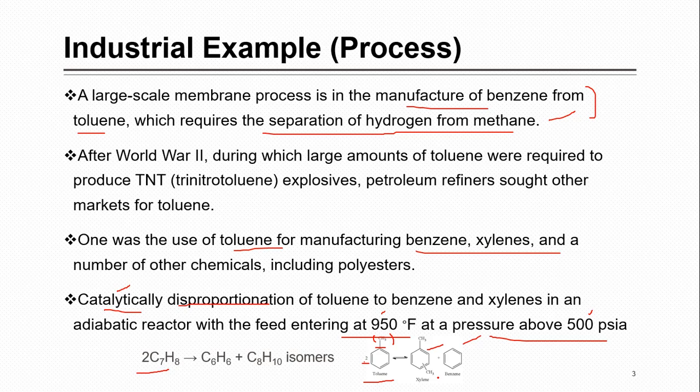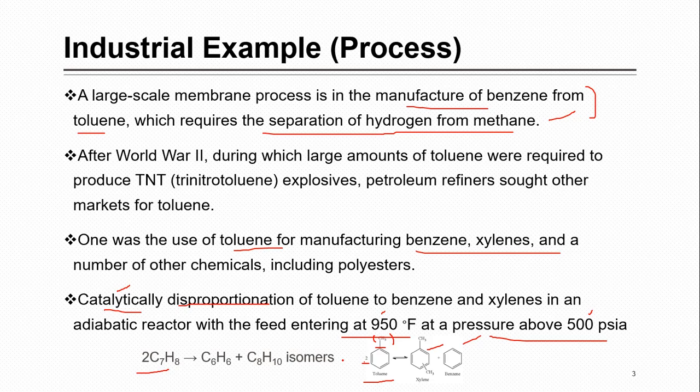Xylene has 3 isomers, based on the position of the methyl group, named ortho, meta, or para xylene. So this is one usage of toluene, in which toluene is used at high temperature and pressure in the presence of some catalyst to produce benzene and xylene.